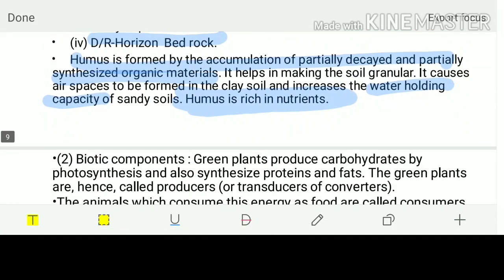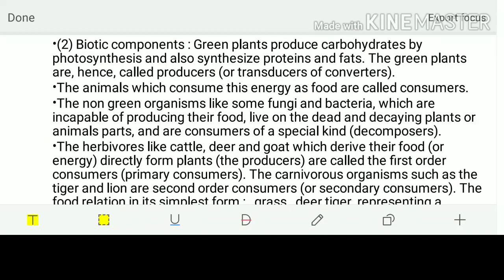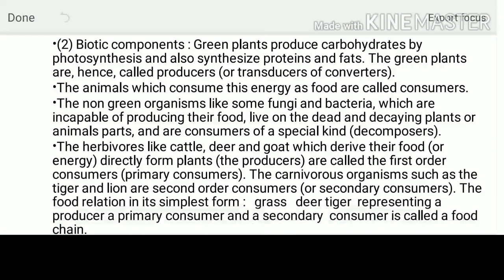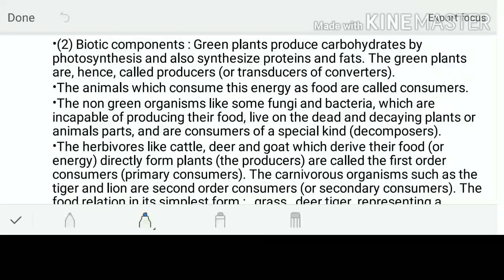Okay, these were all the abiotic components, and now we are dealing with the biotic components as well. The most important biotic components in the ecosystem are the green plants, which produce carbohydrates by photosynthesis, and they also synthesize proteins and fats. So green plants are called producers.